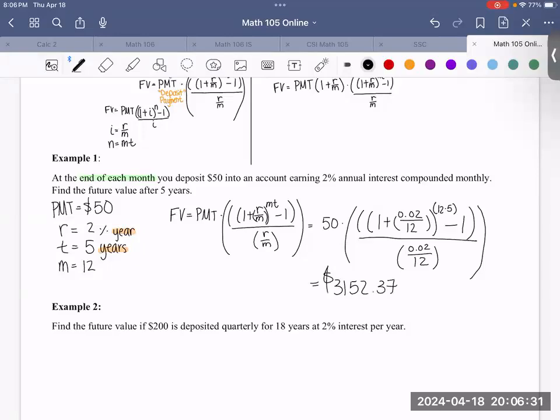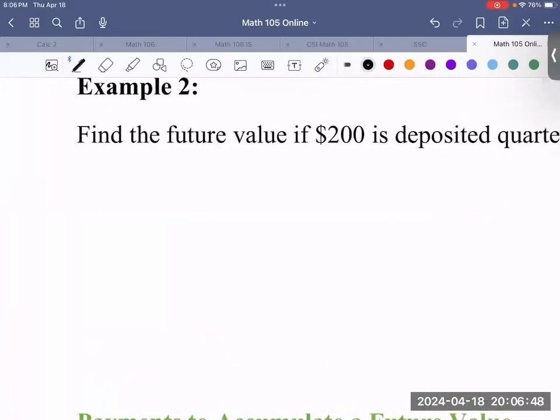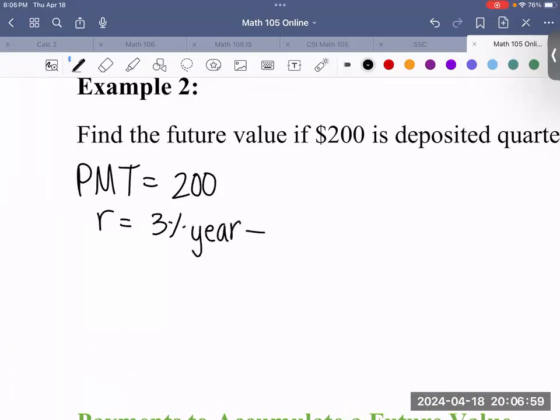And there you go. So I would say pause the video here, see if you can practice the next one. It says find the future value if $200 is deposited quarterly for 18 years at 2% interest per year. So your payment is equal to $200. Your rate is equal to 3%, and this is in years, which can convert to 0.03.